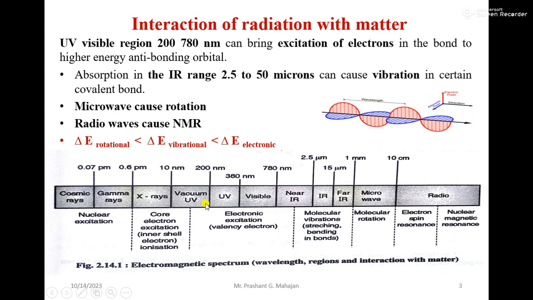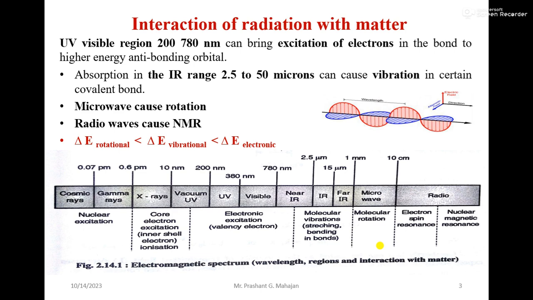When UV-visible light falls on the matter, electronic excitations occur, and when IR radiation falls on the molecule, bending vibration and stretching vibration occur. When microwave region radiation falls on the matter, there will be molecular rotation, and in case of radio waves, there will be electron spin resonance and nuclear magnetic resonance.